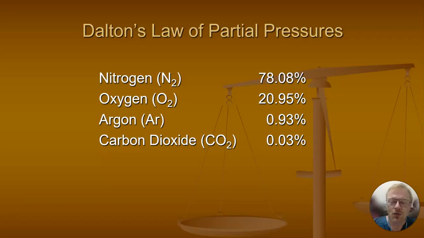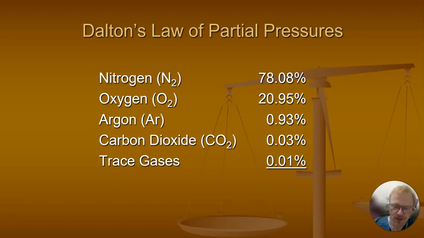When we get into Respiratory 120 in the spring, and we're talking about how we breathe and the pressure differences, you're going to see where this comes in and is very important for when we're breathing. All the other trace gases, helium, neon, all make up 0.01% of the atmosphere.